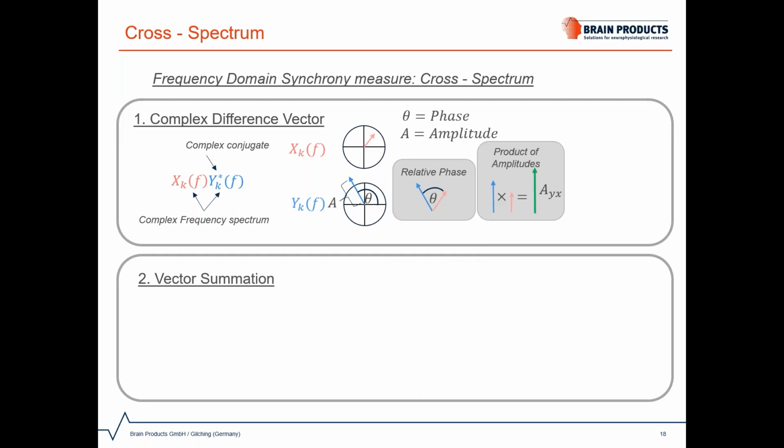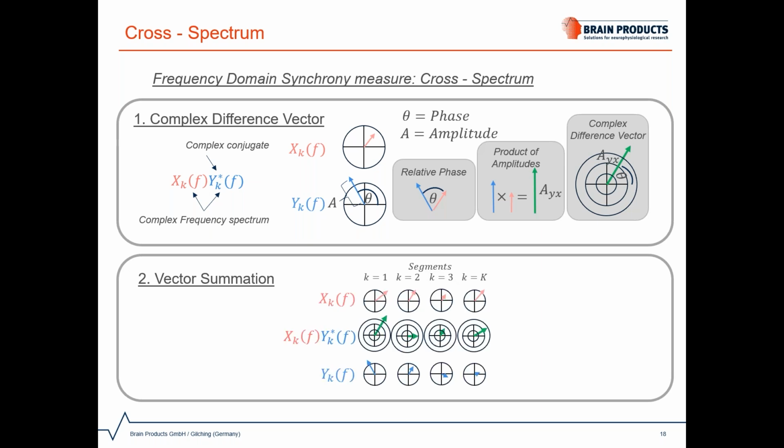The next step is to compute the amplitude of the difference vector. This is simply multiplying the length of one vector with the other. And finally, both are combined to the complex difference vector that has a relative phase and a length that corresponds to the product of the two amplitudes. Typically, the cross spectrum is calculated as a sum across segments.